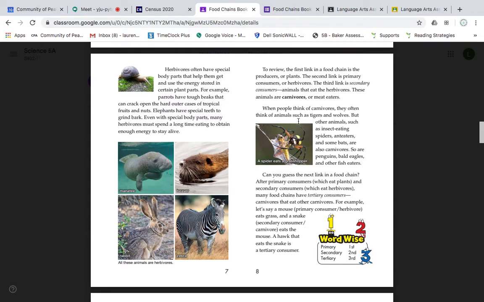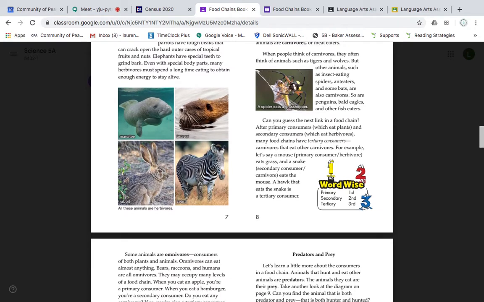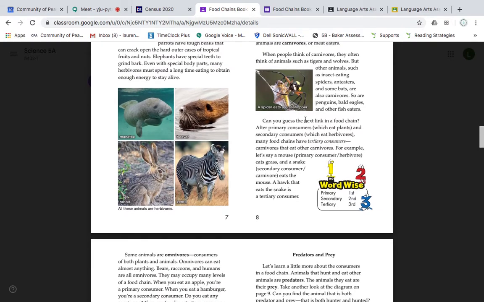When people think of carnivores, they often think of animals such as tigers and wolves. But other animals, such as insect-eating spiders, anteaters, and some bats, are also carnivores. So are penguins, bald eagles, and other fish eaters. Can you guess what's next in the food chain?